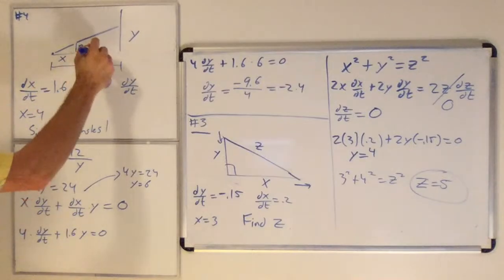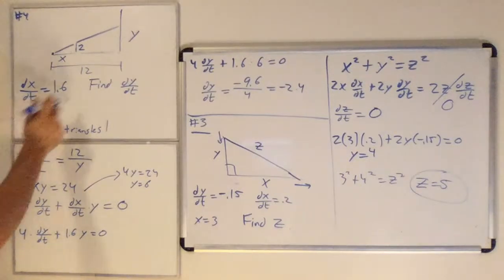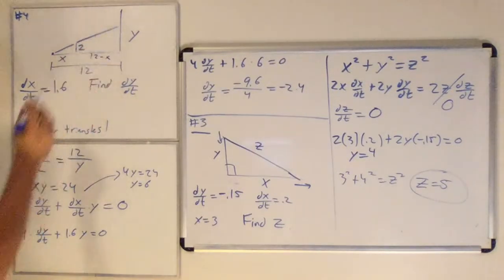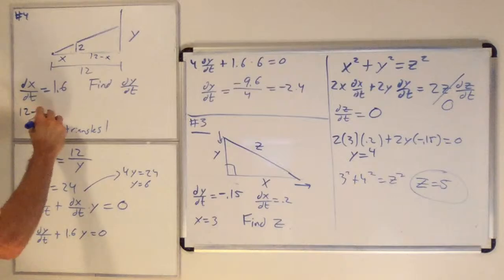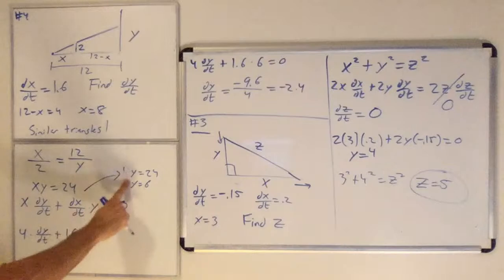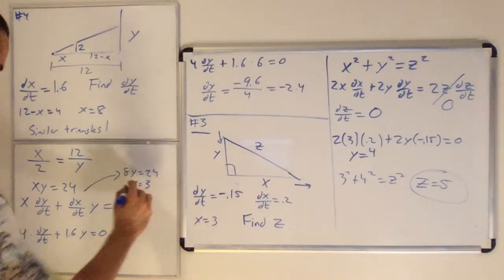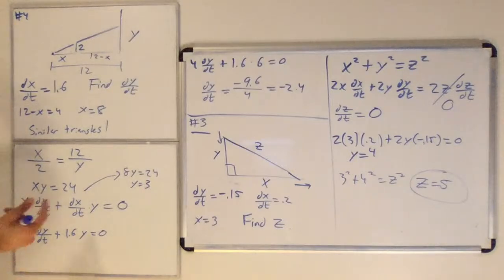He's 4 meters from the wall, so it's not x equals 4, but this length here, which is 12 minus x, is equal to 4, which means x is equal to 8. Not really going to make a difference. So we just misread the question.